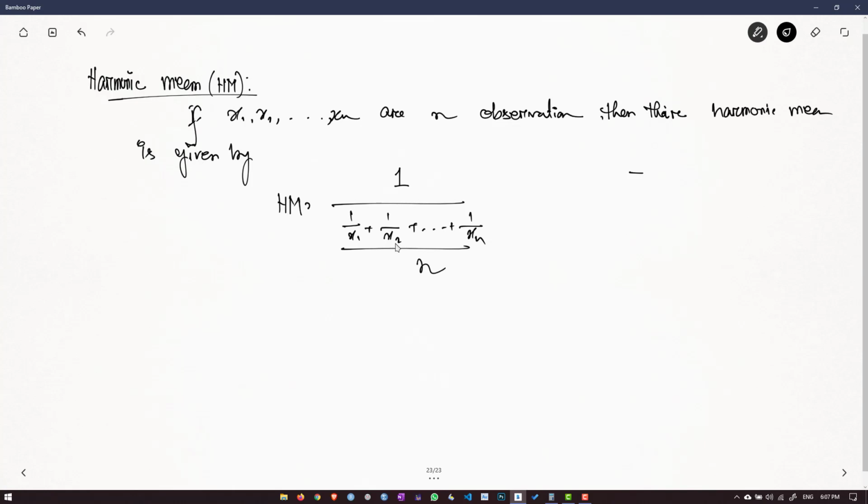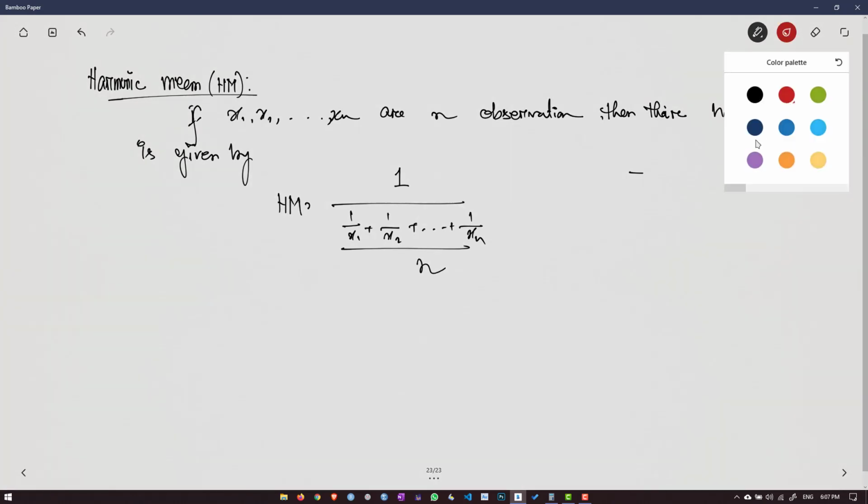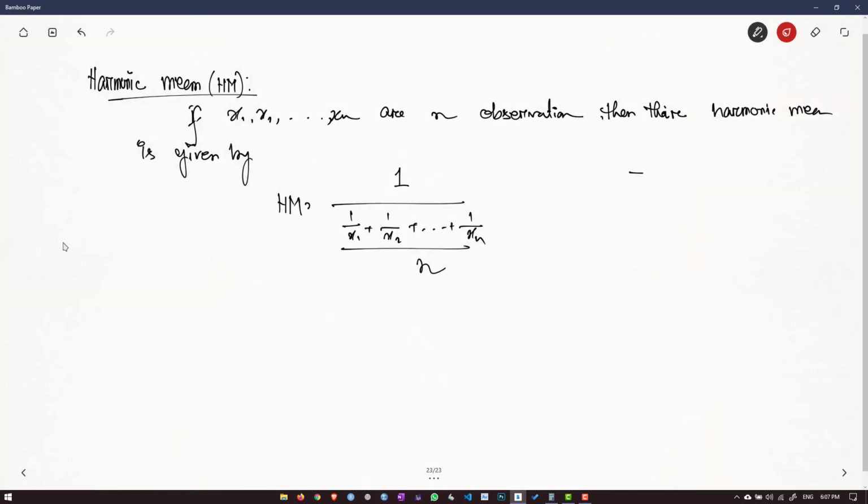If the observations are x1, x2 up to xn, reciprocate them. Let me take an example to make this more clear: the values are 2, 3 and 4, and you are to find their harmonic mean. The first step is to find 1 by 2, 1 by 3 and 1 by 4. Step number 2 is to find the average of these three numbers, that is, the arithmetic mean.